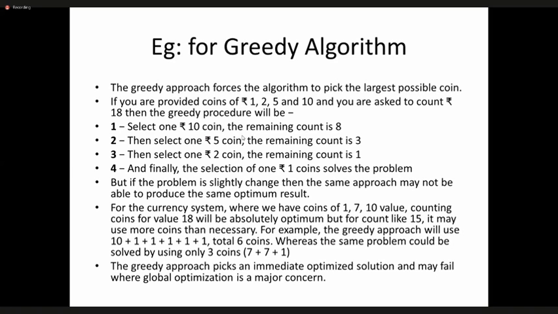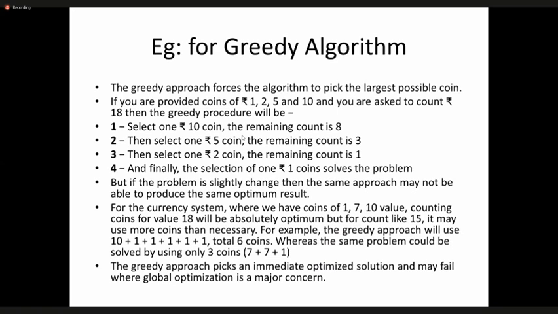But if we change the problem slightly, then the same approach may not be able to produce the same optimum result, right? As an example, if we change the currency system, where we have the coins of 1, 7 and 10 values. If the coins are having only 1, 7 and 10, counting coins to get the value of 18 will be absolutely optimum.